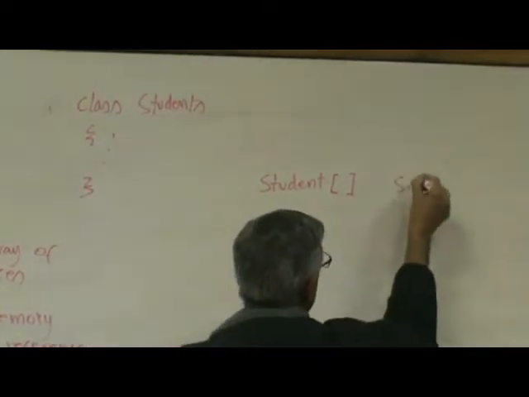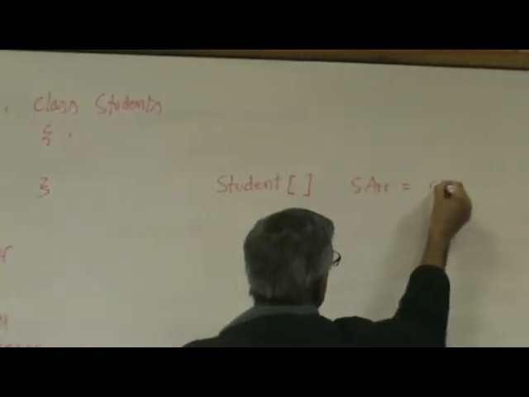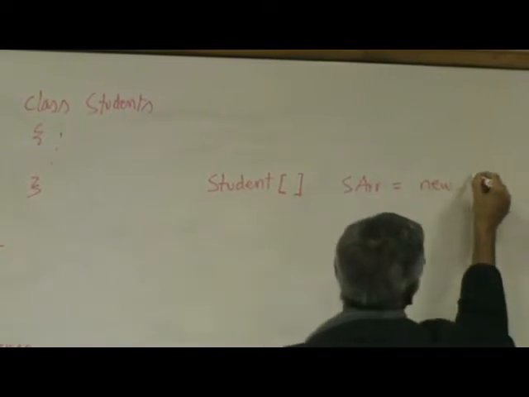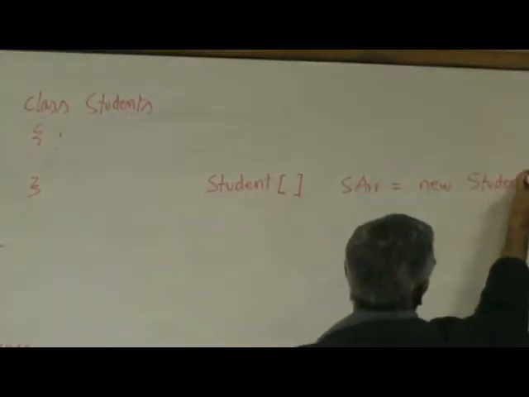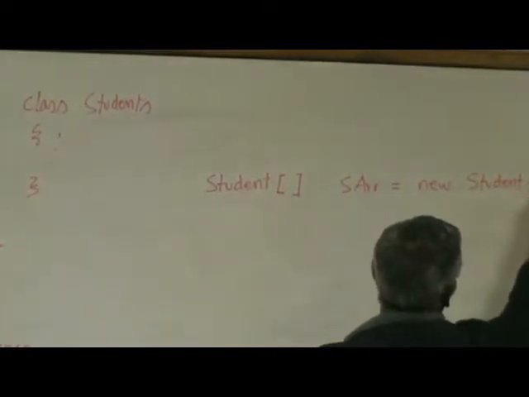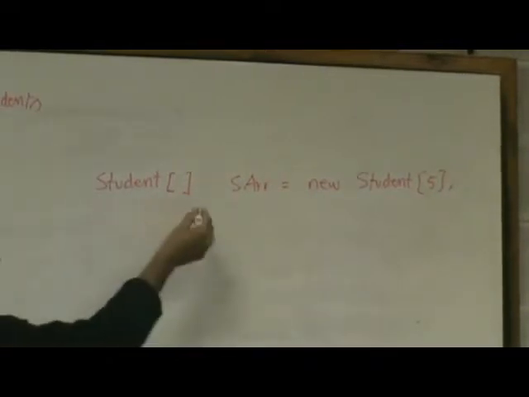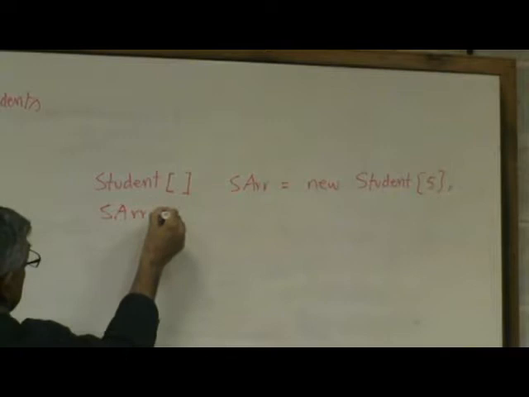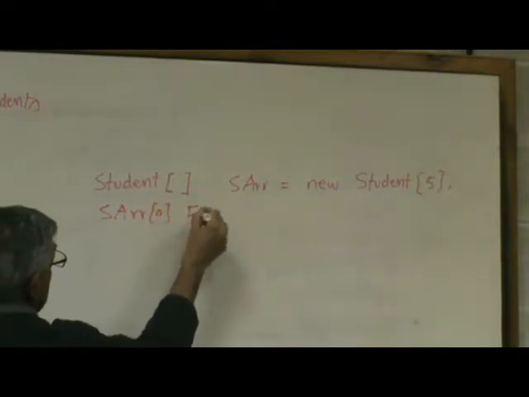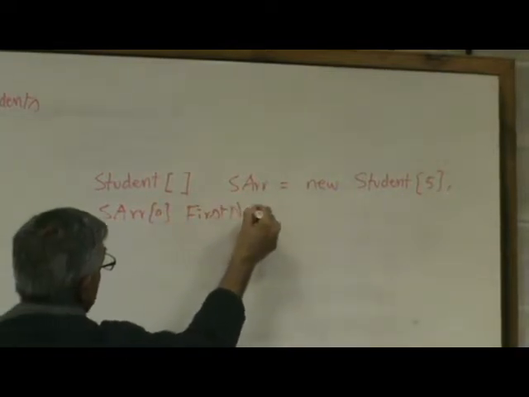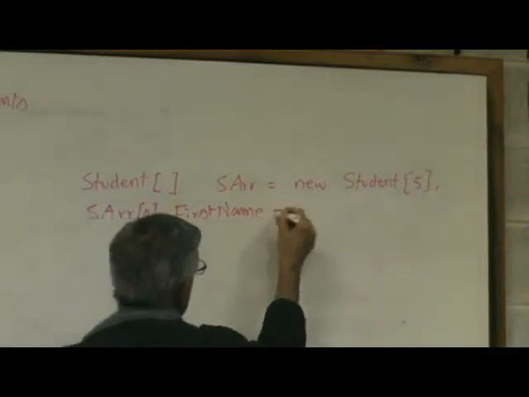Let's call it S array equal to new student of, let's say 5, correct? So what will this do? If I try to do something like this, dot first name equal to Bill, will this work? No.